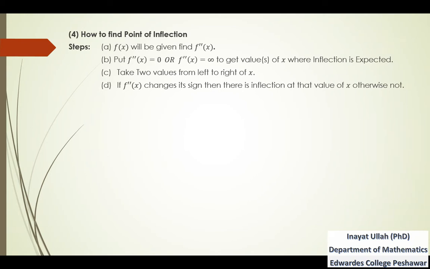Whenever a function is concave down on one side, the second derivative is negative, and whenever the graph of the function is concave up, the second derivative will be considered positive.